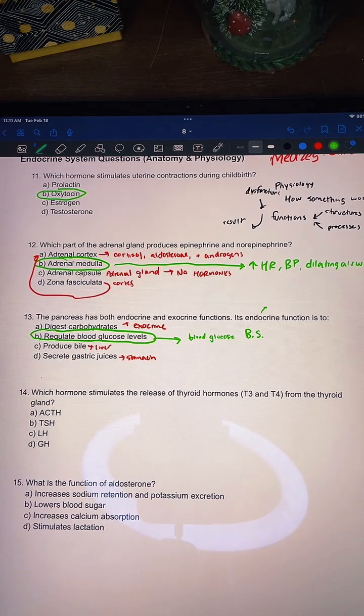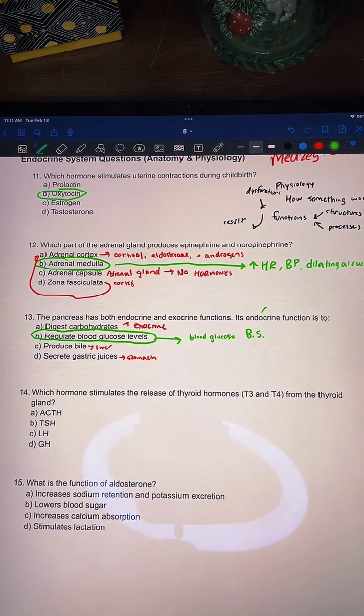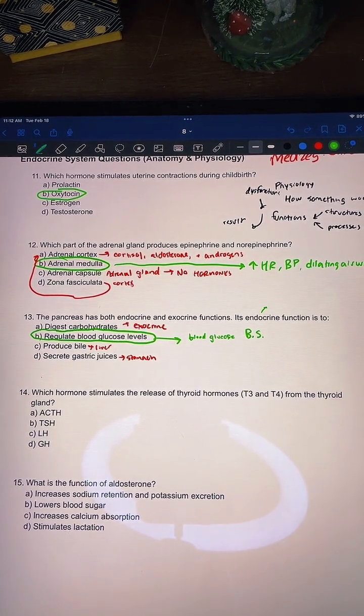What's the difference between the endocrine gland study and the endocrine system study? The endocrine system is more so the structures, and it goes over the function of the endocrine system. The endocrine glands are focused more so on the hormones. So it goes through GHRH, growth hormone, pituitary stuff, ACTH. It goes through all the hormones and what they're stimulated by, what they're inhibited by, what their target tissue is, and their response.